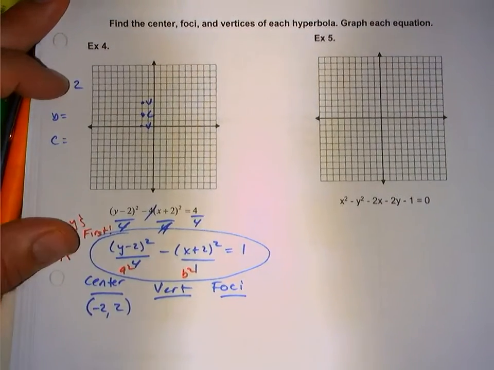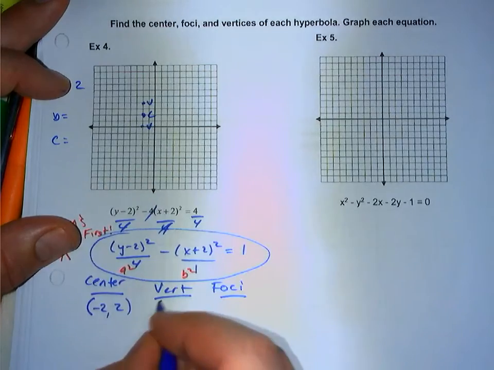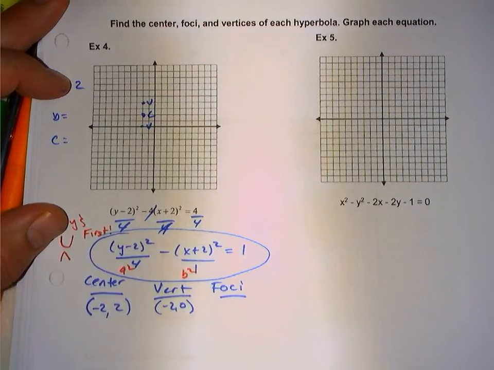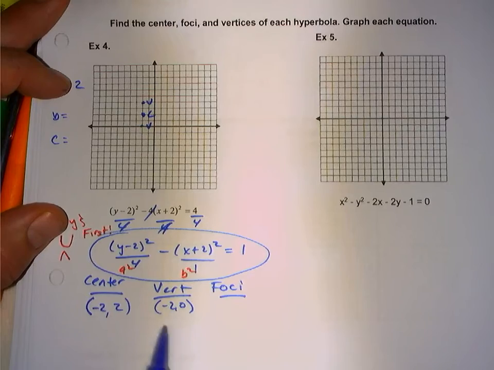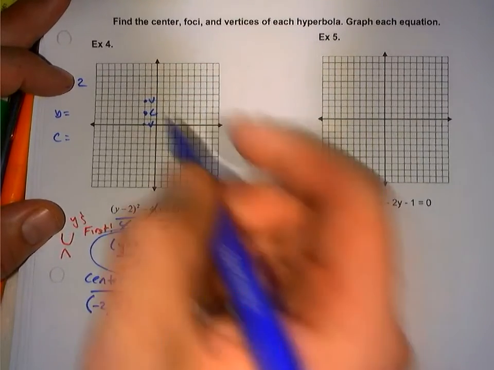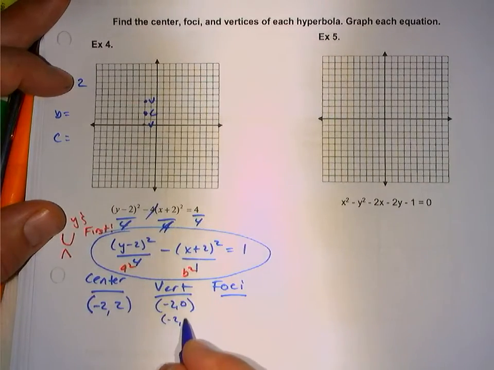And now I want that in vertices. So from the center, I count over 1, 2, that's -2, 0. Okay? Yesterday on the quiz, I was getting weird answers for vertices. I had -2, 2, and then plus or minus 2. You need to simplify that. Okay, so -2, 0. And then over to up 4, -2, 4.